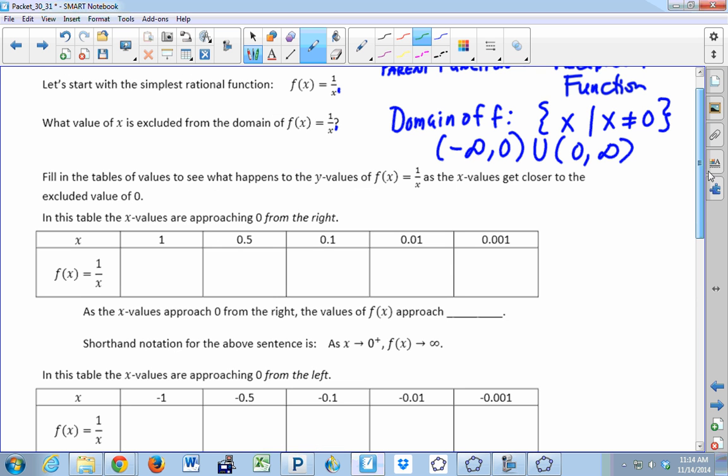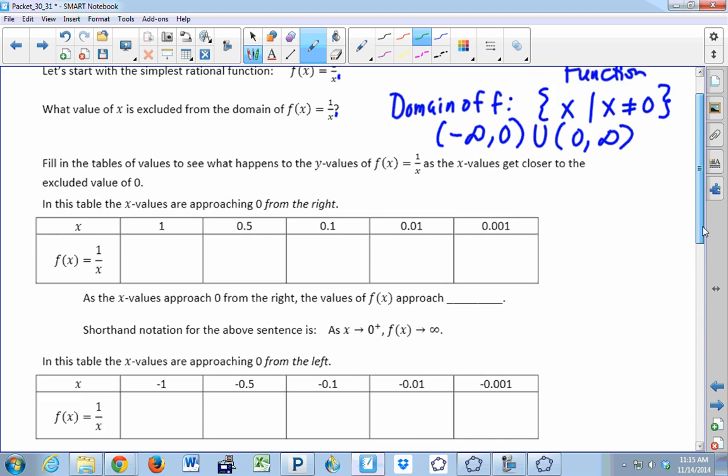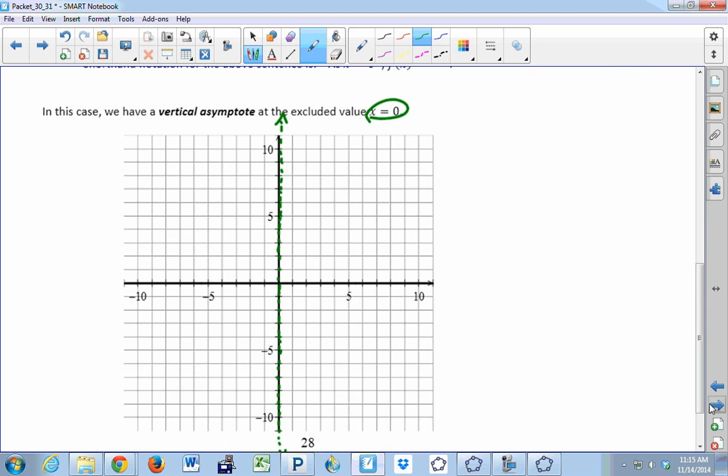So what we really want to do here is see what the behavior of my function is as I get really close to that number 0. If you look at this, your graph is going to approach 0 from 2 directions, from the right-hand side of your number line, your x-axis here, and from the left-hand side.